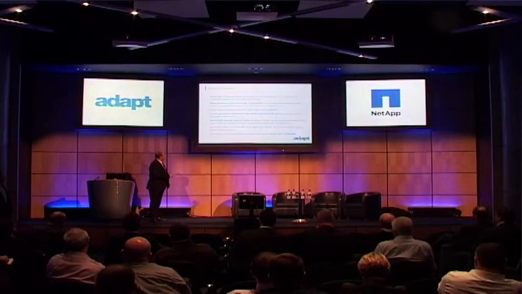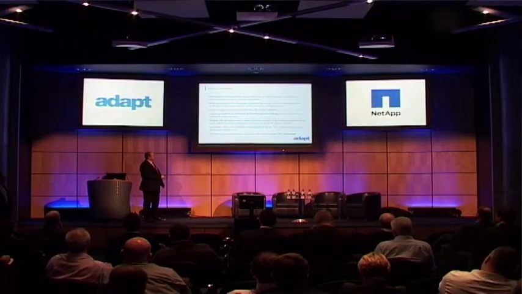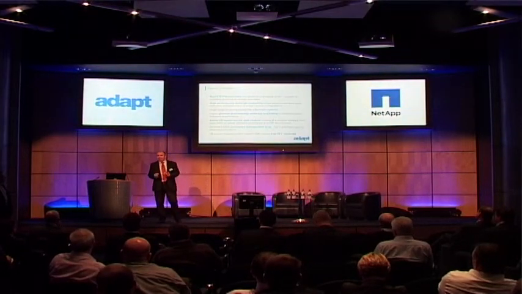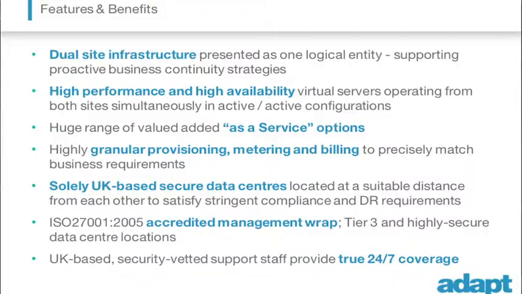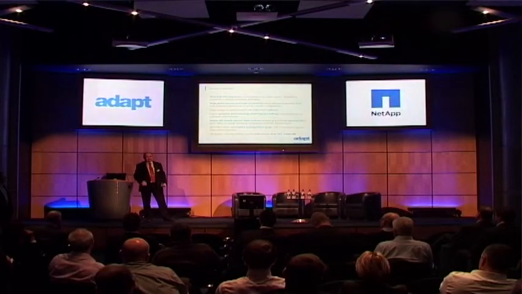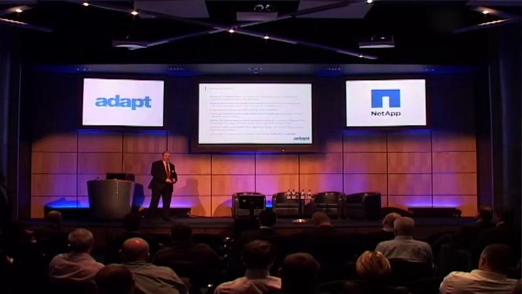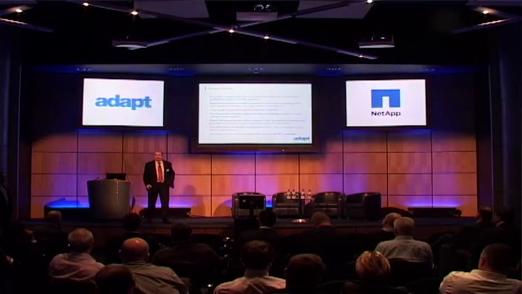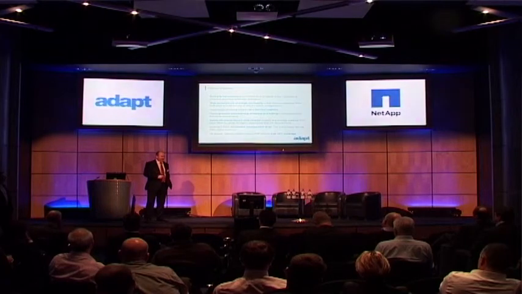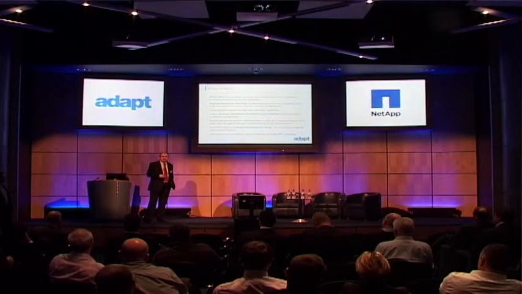So as the benefits as far as the service is concerned, it's a true dual site infrastructure that operates effectively like one system. So it's one virtual data center, actually 40 miles apart. We've been very careful where we planned our data center locations. We put one in central London, but because it could potentially be a risk, the other one we moved outside that wall that a lot of people call the M25, but it's like a wall as far as London is concerned.